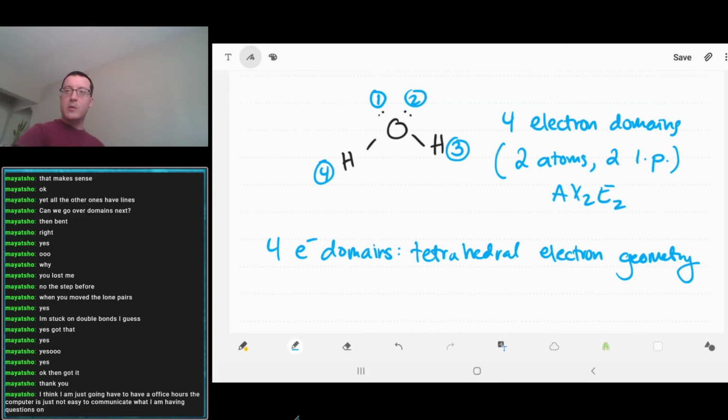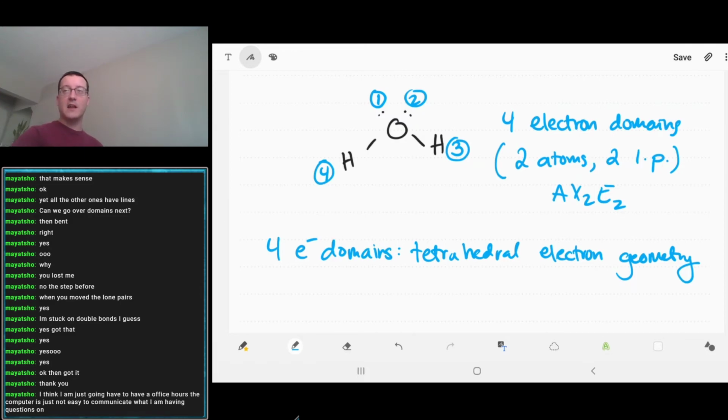Okay, we might as well just finish this one while we're on it. We remember that our molecular shape will potentially change based on how many lone pairs we have.